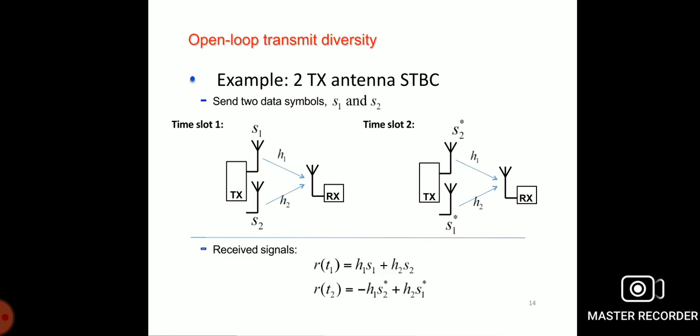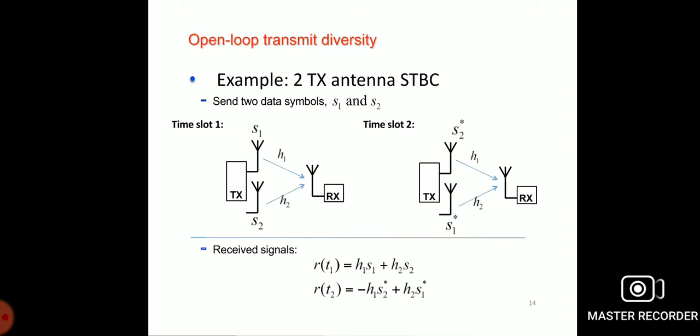The information passes through the wireless channels H1 and H2, and is received at the single receiver. In time slot 2, a different time, we can apply the antenna mapping technique to send the same data in a different time format.